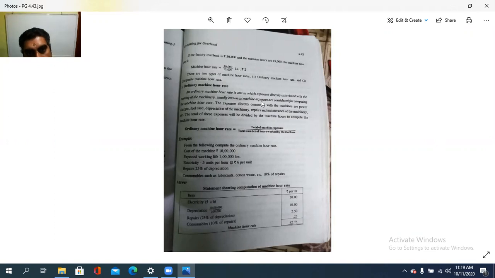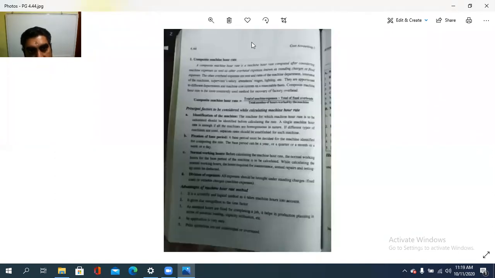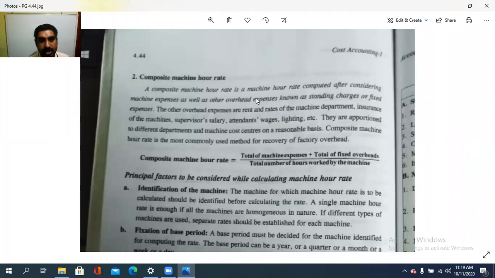That is the formula for calculating the ordinary machine hour rate. While a composite machine hour rate is a machine hour rate computed after considering the machine expenses as well as other overhead expenses known as the standing charges or fixed expenses. So there is a difference between these two.